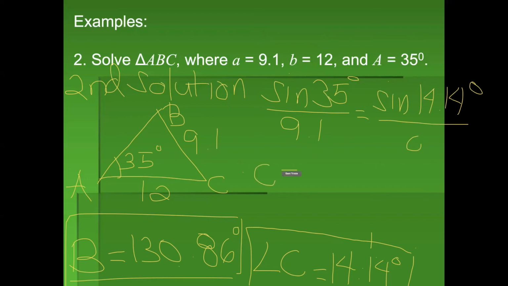Therefore, C is equivalent to 9.1 sine 14.14 all over sine 35.